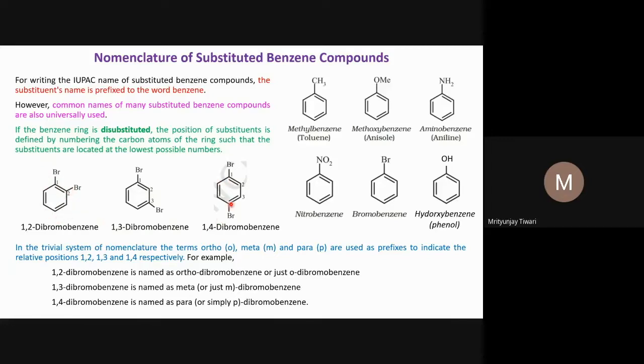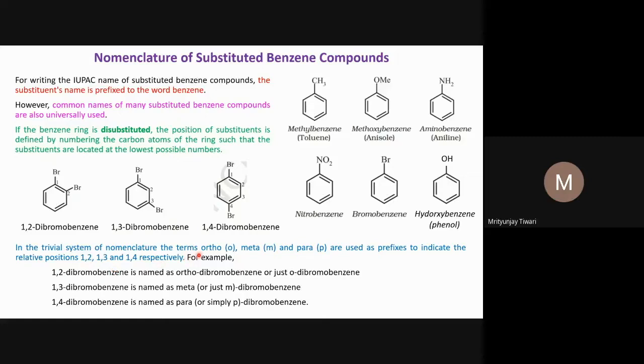Now in this case there is no such preference, so one can call it 1,4-dibromobenzene. So the IUPAC name of this compound is 1,4-dibromobenzene.